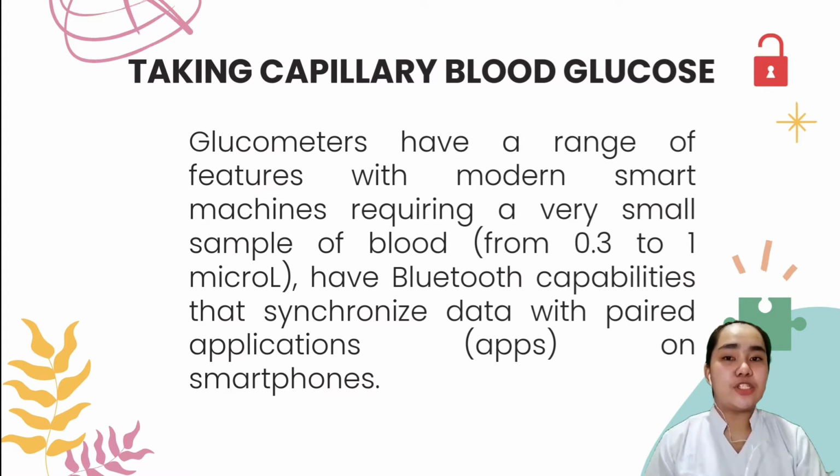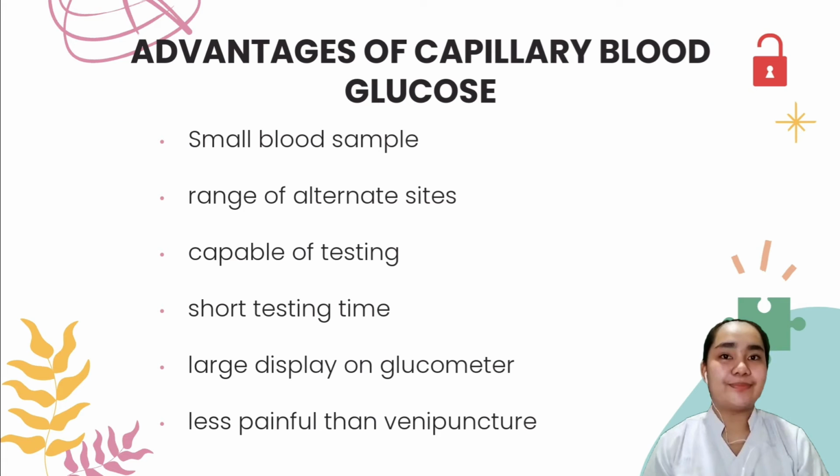These machines and apps record data and provide trends in glucose measurements undertaken. Furthermore, some apps also provide options to record diet and medications used, type of physical activity undertaken, which may be useful to the healthcare practitioner when managing the care plan for the client with diabetes.